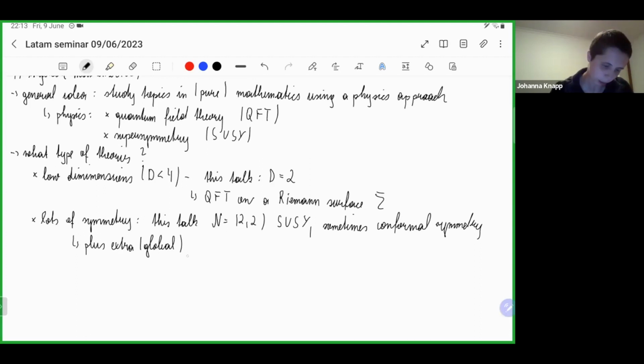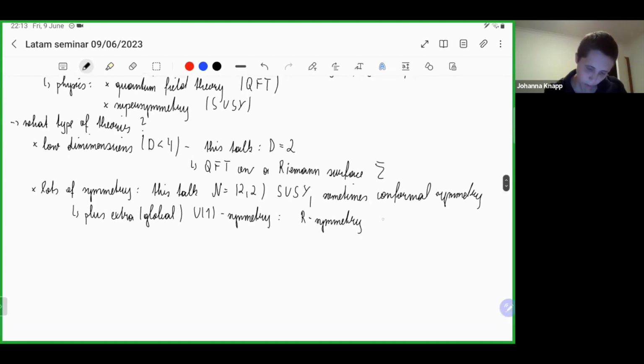So in this case, I mean a global U(1) symmetry, or more than one, and this goes under the name R symmetry. So this will make a reappearance when I come to the actual definition of the GLSM. So this is actually induced by SUSY. If you look at (2,2) theories, you get these U(1) R symmetries for free.